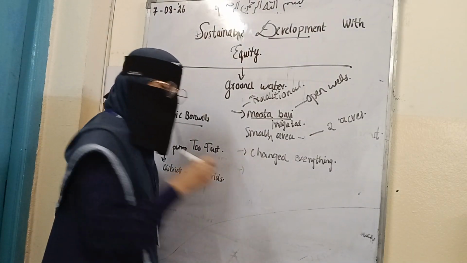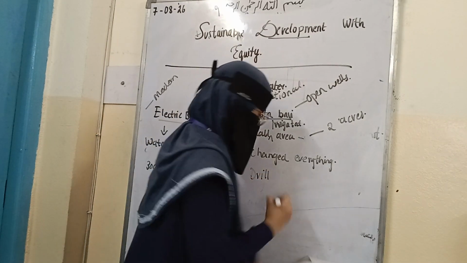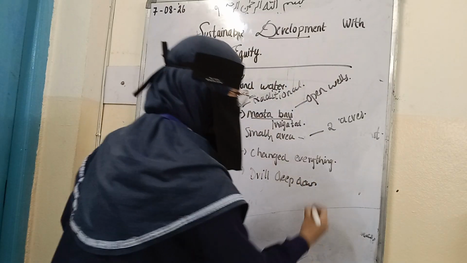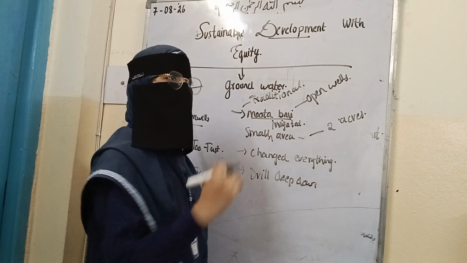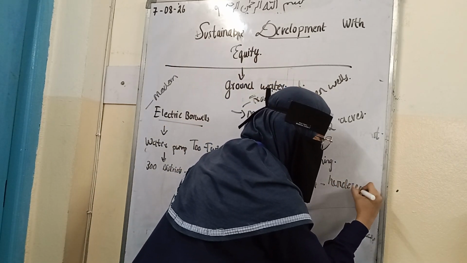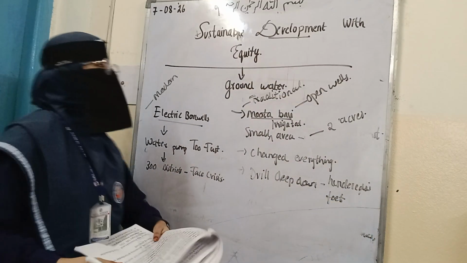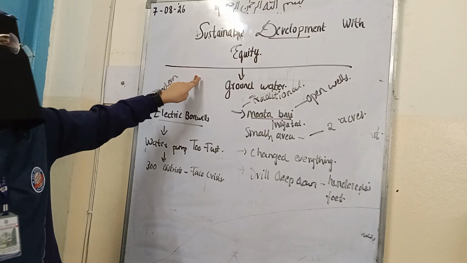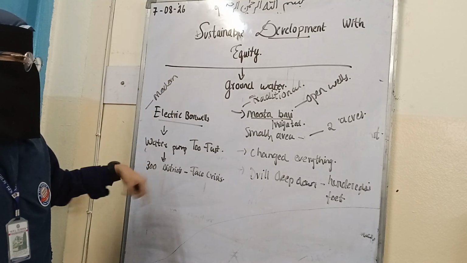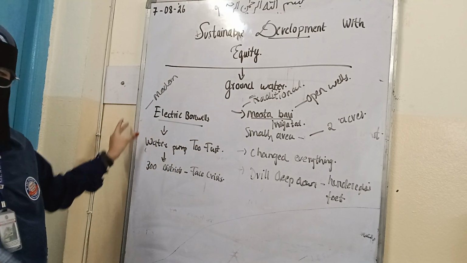Now, what is the present situation? We drill deep down, hundreds of feet down, into the groundwater which was recharged by our ancestors. But now what are we doing? Every single house you can see has these electric borewells or pumps run through diesel and electricity.